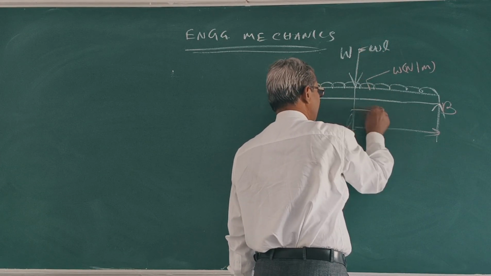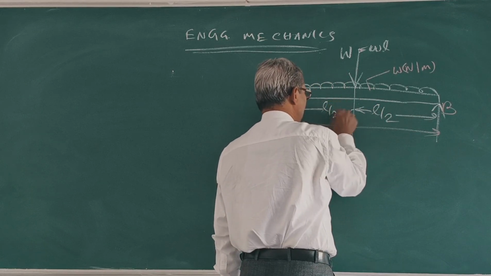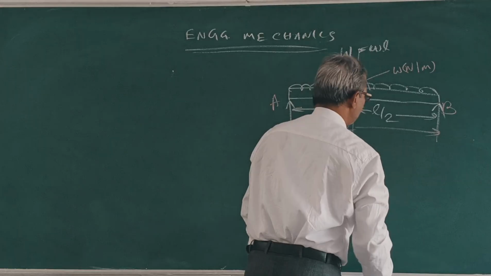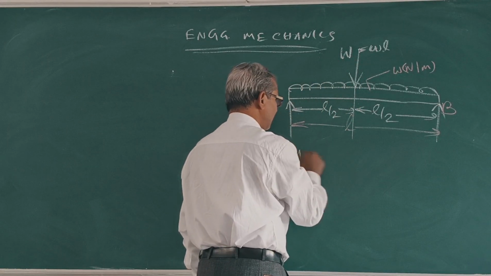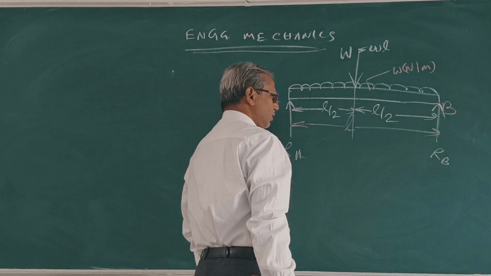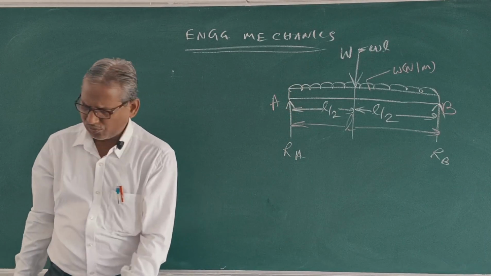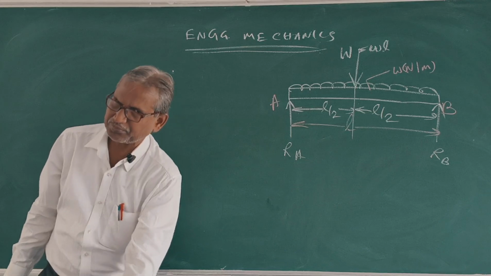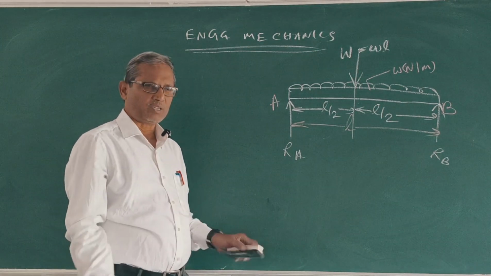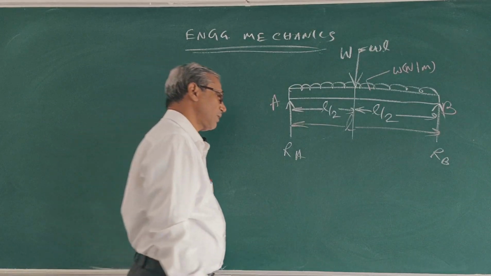Clear? This is L by 2. This is L by 2. Right? This is RA. This is RB. First find out what is RA, then find out what is RB. Right? Using principle of virtual work, find out RA, find out RB.